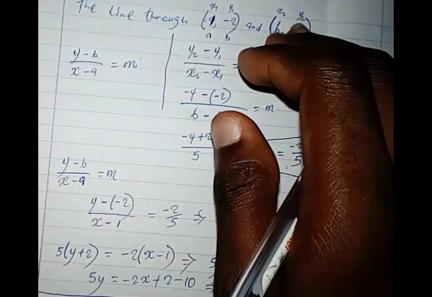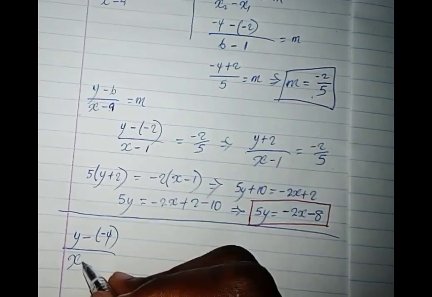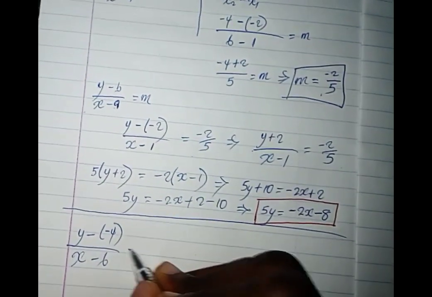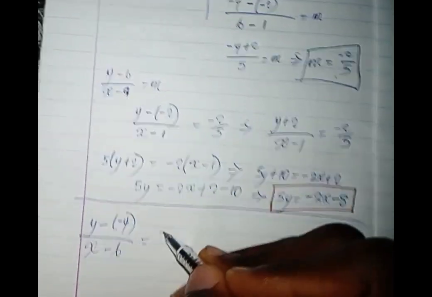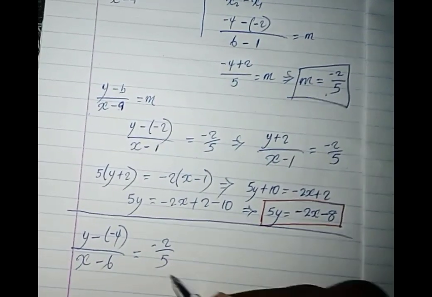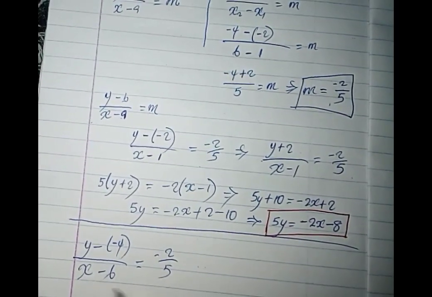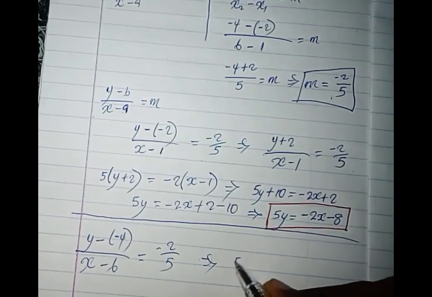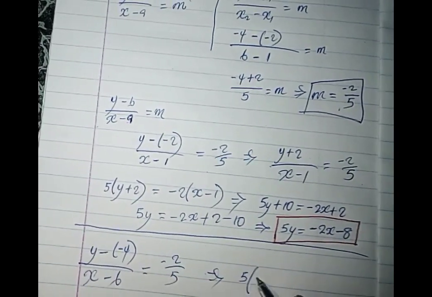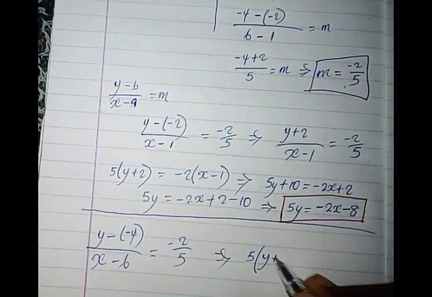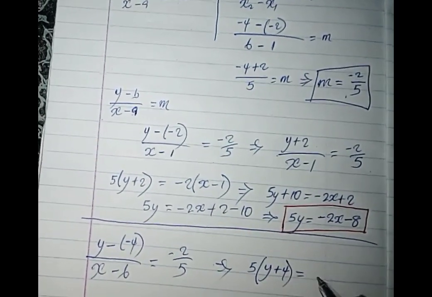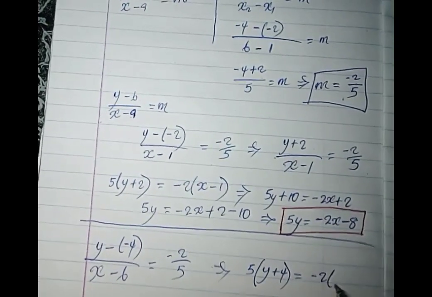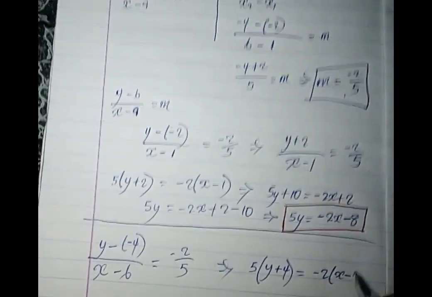Our a from this is 6. So minus 6 equals our m, that is negative 2 over 5. So cross multiplying, you get that 5 in brackets, this is y plus 4 equals negative 2 in brackets x minus 6.